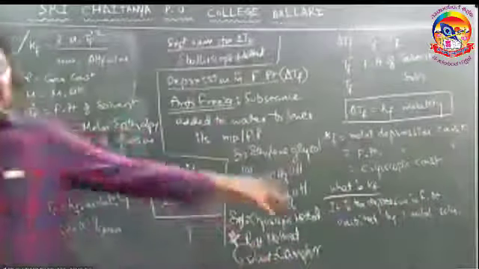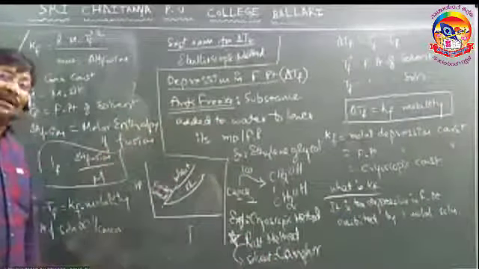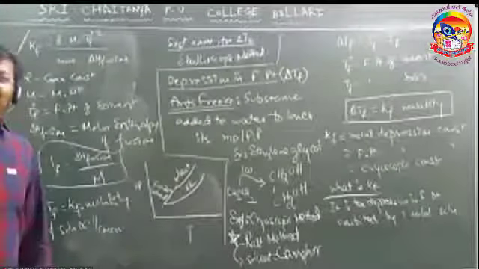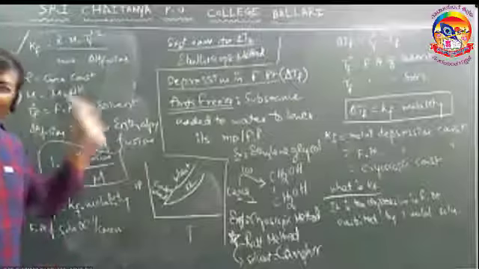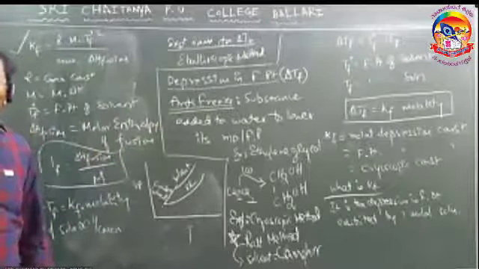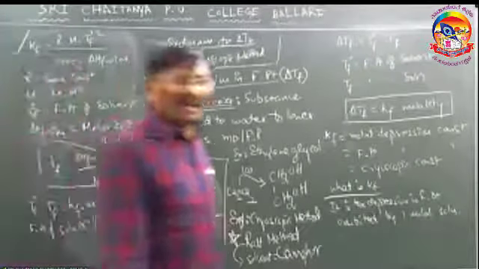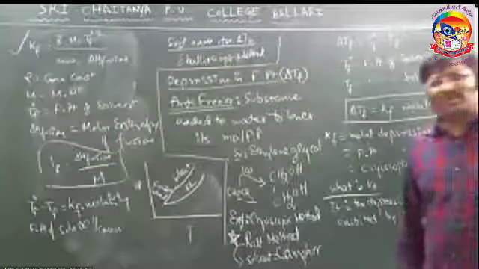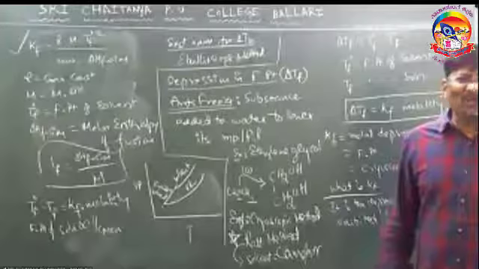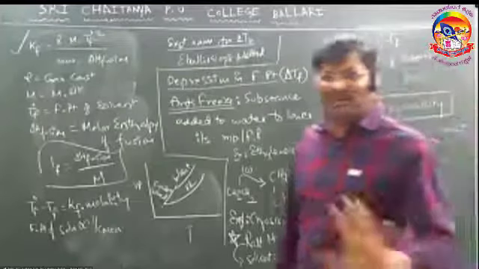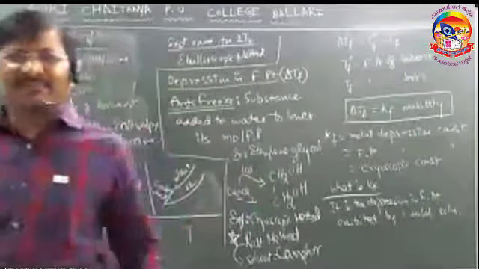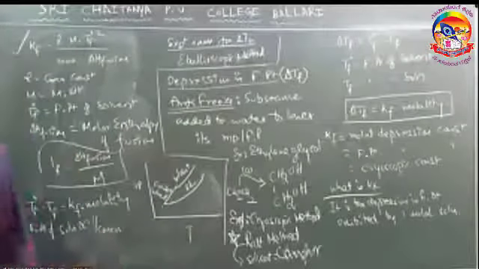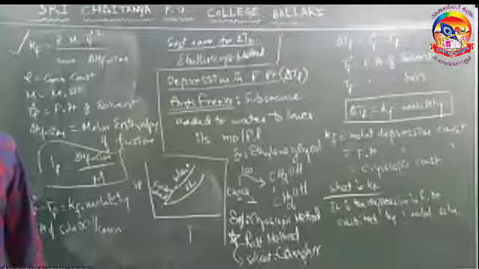And do you know which are the easiest, simplest and accurate methods among the four colligative properties? These two only, not the first one, not the last one. Because in the first one, vapor pressure you have to calculate, little bit tough. Next one, osmotic pressure, same problem, pressure involved.